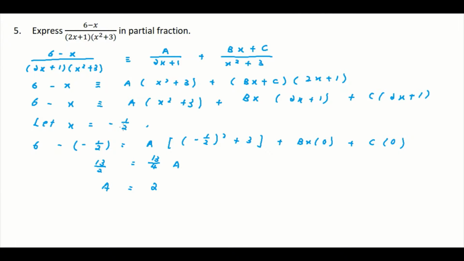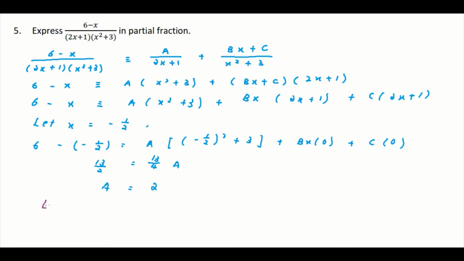So I would want to check for the first one. When I look at this one, I know that it's 6 minus x. So when I try to solve this thing out, the coefficient for my x square should be equal to 0 because there's no x square for my term here.